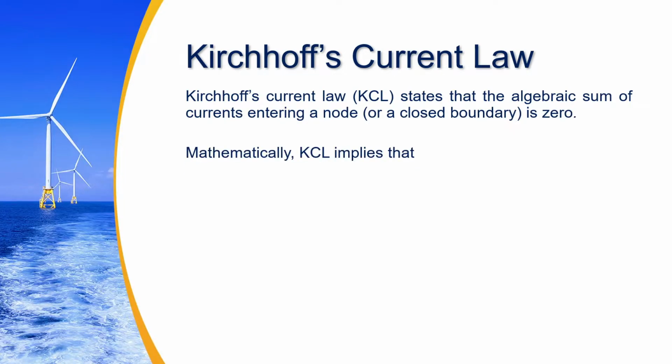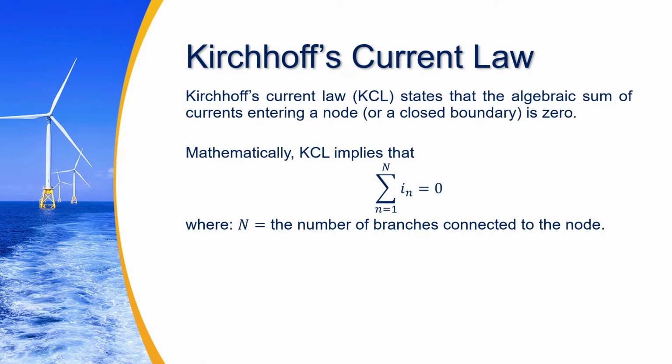So, mathematically, KCL implies that the sum of all currents, from first current natin hanggang sa kung ilang current man meron tayo, equivalent yan sa 0. Where n is the number of branches connected to the node, and I sub n is the nth current entering or leaving the node.